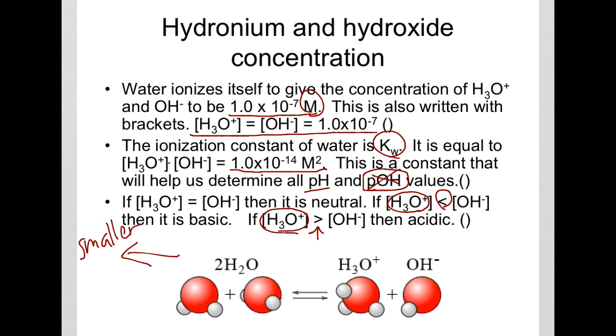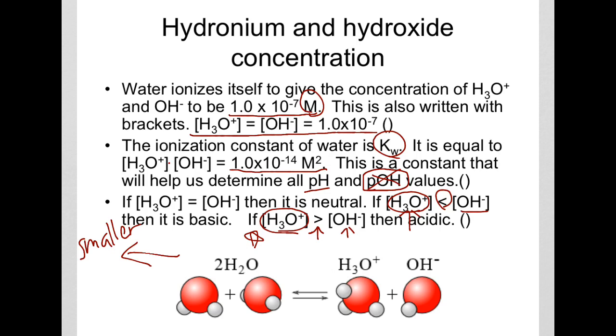So the idea is that this has less hydroxide than hydronium, and this one has less hydronium than hydroxide. Okay? And that's why it's basic, because there's less acid particles. And over here, it's more acidic because there's more acid particles than bases.